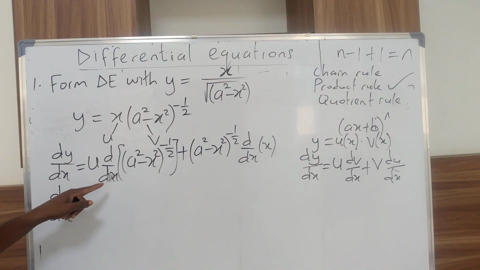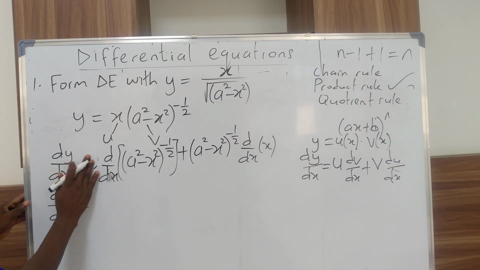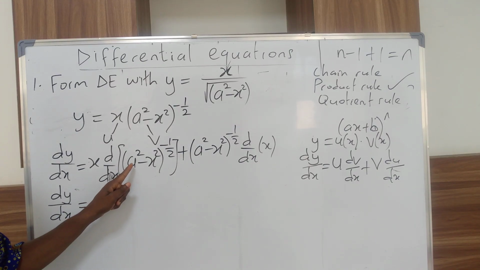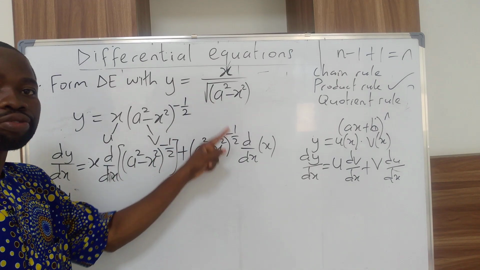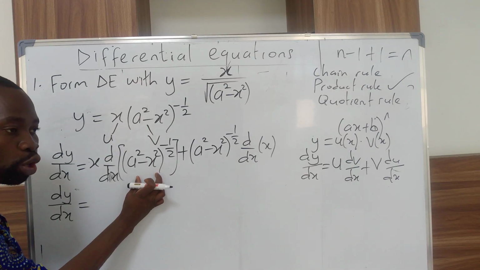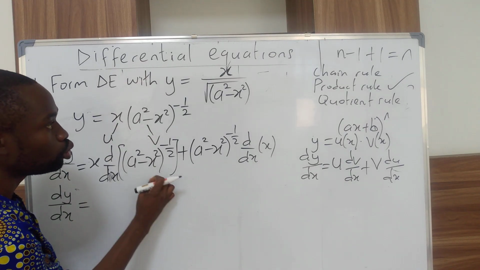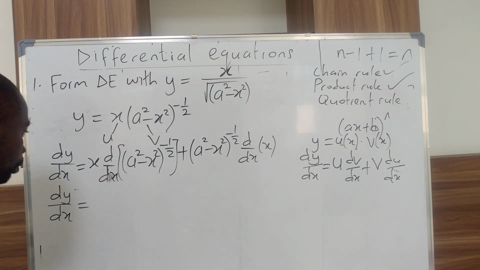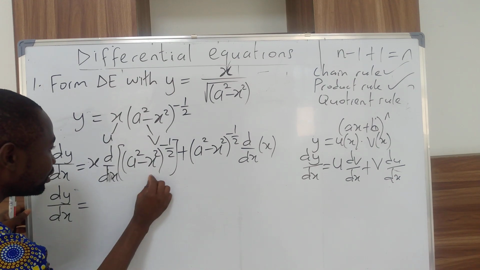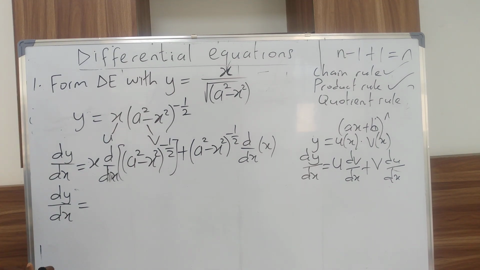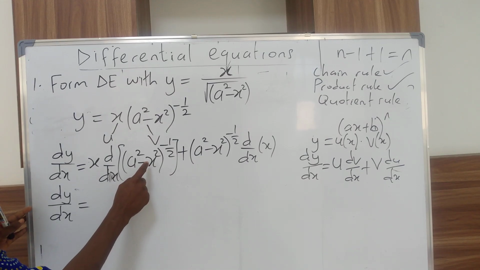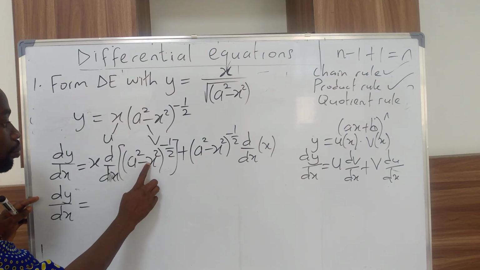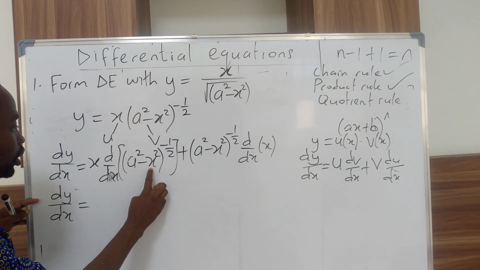Now if I differentiate a squared minus x squared raised to power minus half, we are going to use the chain rule, because it's a function under a power. How do you do the chain rule? You first differentiate what is inside. Here a is a constant. When you differentiate minus x squared, it will give you minus 2x.